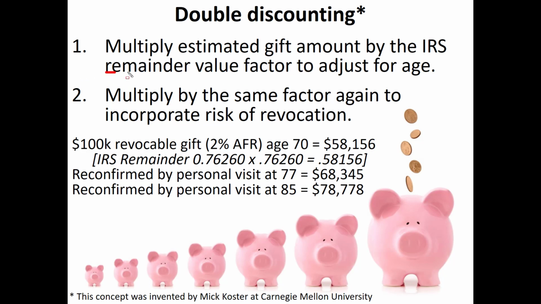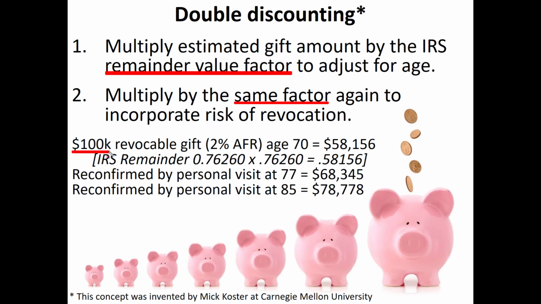So we start with the remainder value factor, to adjust for the fact that it's going to take a while before you get the gift. And then you use that same factor again as an adjustment to deal with the reality that there is a chance of revocation. And the longer that you have to hold on to that gift, the greater the chance of revocation.